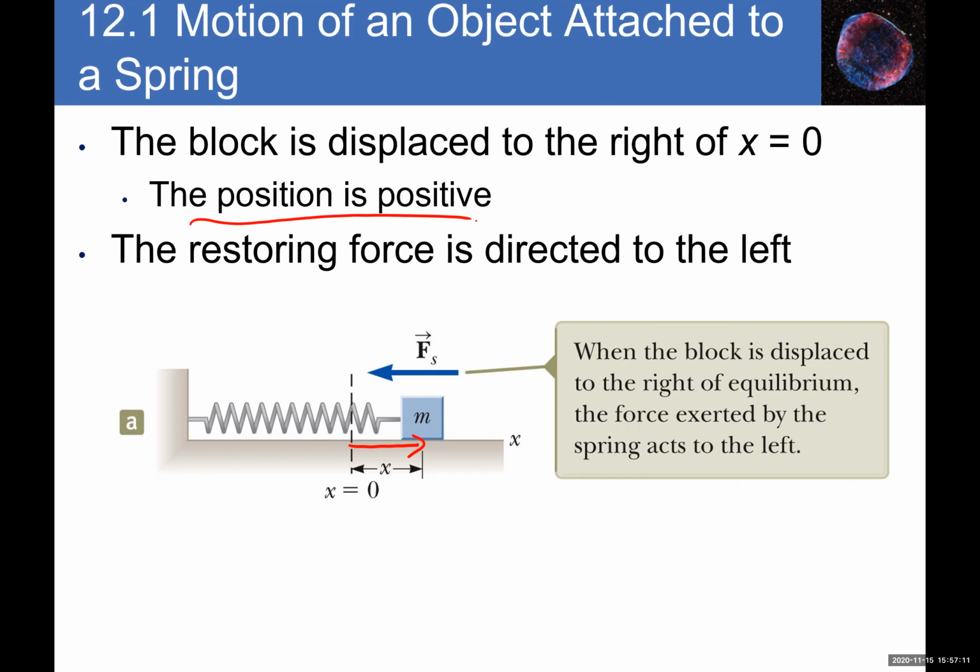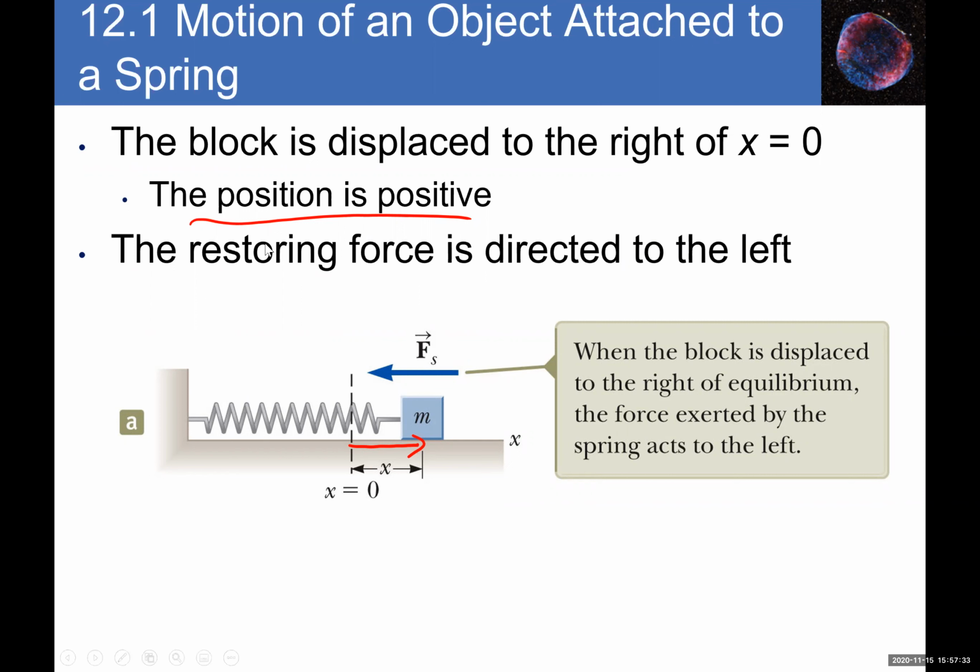The reason it's negative is because it's pointing to the left, because that's where the equilibrium is. It is always pointing toward the equilibrium. So if the displacement is to the right and positive, the force is to the left and negative.